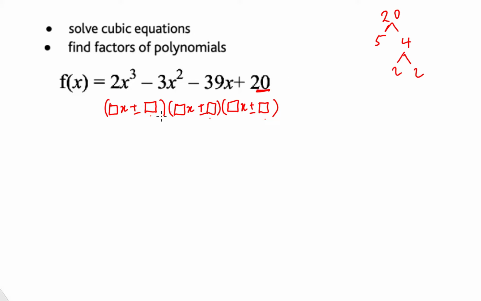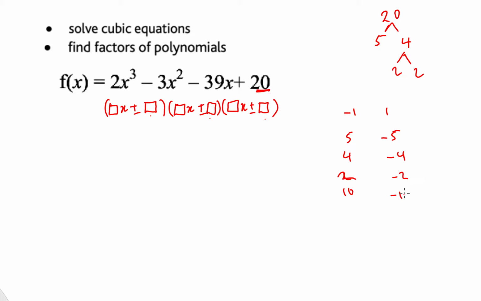So let's think now about how that will affect it. All we have to do now is try all of those different combinations. Let's list out all the possible factors of 20. We have -1, 1, 5, -5, 4, -4, 2, -2.